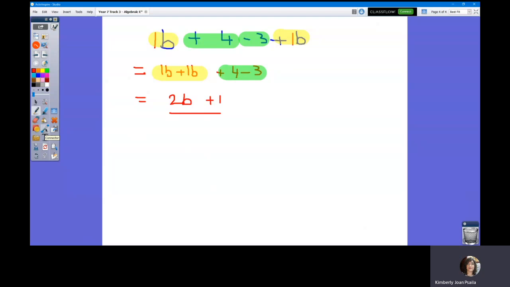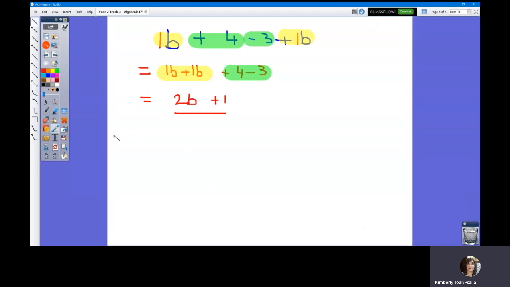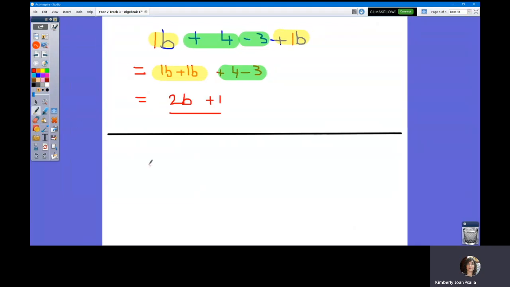Okay, let me do a last one, because I need to point out something. So you have 2y plus 9 minus 2y plus 6.